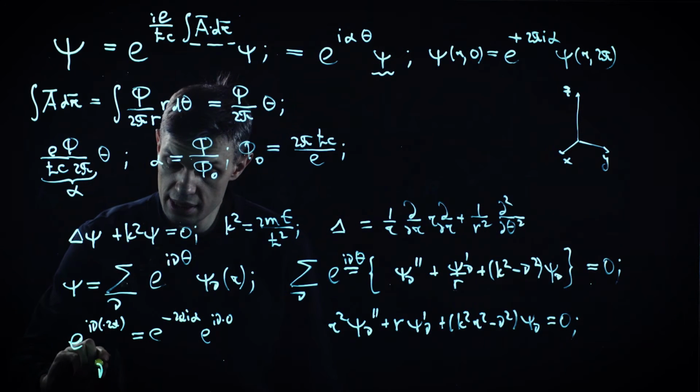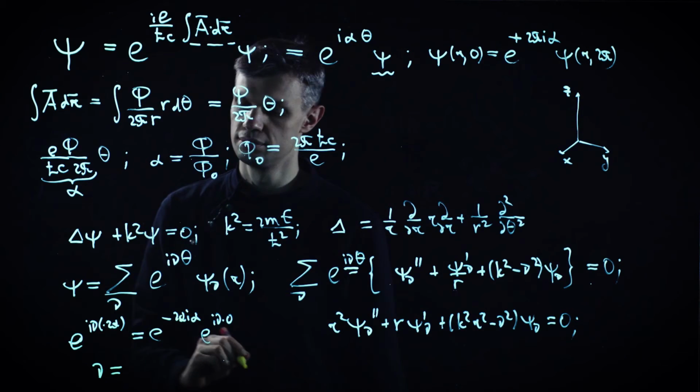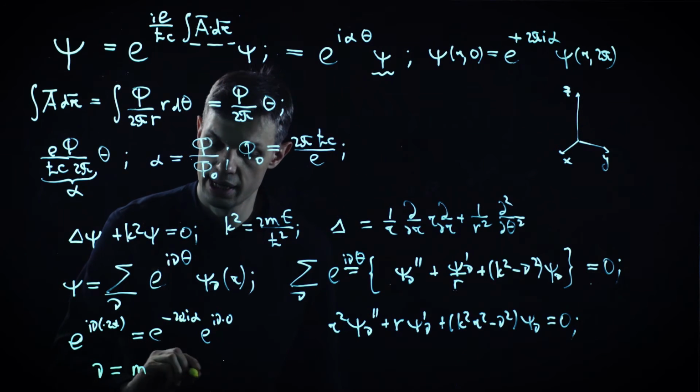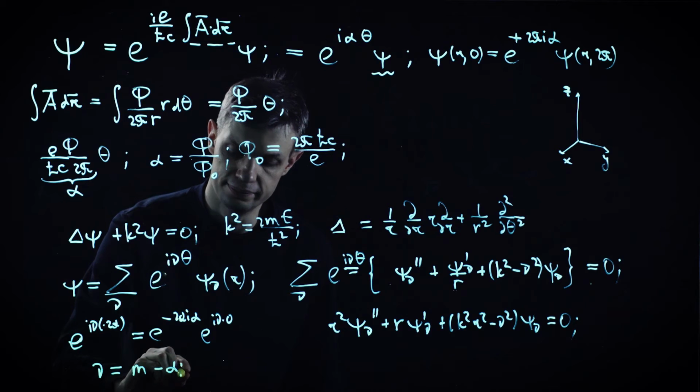So as a result, nu should be equal to some integer m minus alpha.